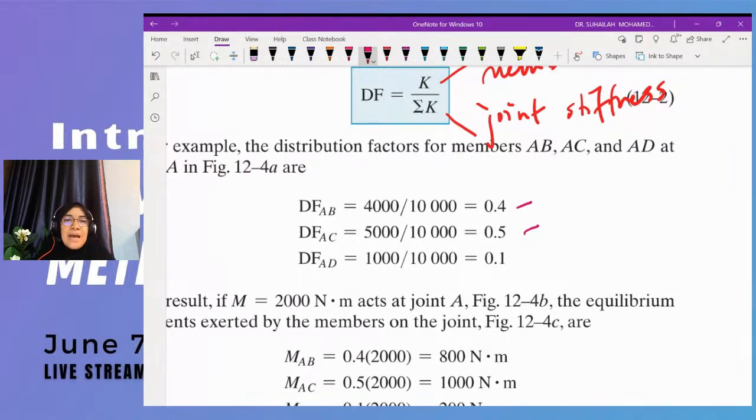And DF for AD is equal to 0.1. At the joint, the total DF is equivalent to 1. When we total 0.4, 0.5, 0.1, the distribution factor is equivalent to 1.